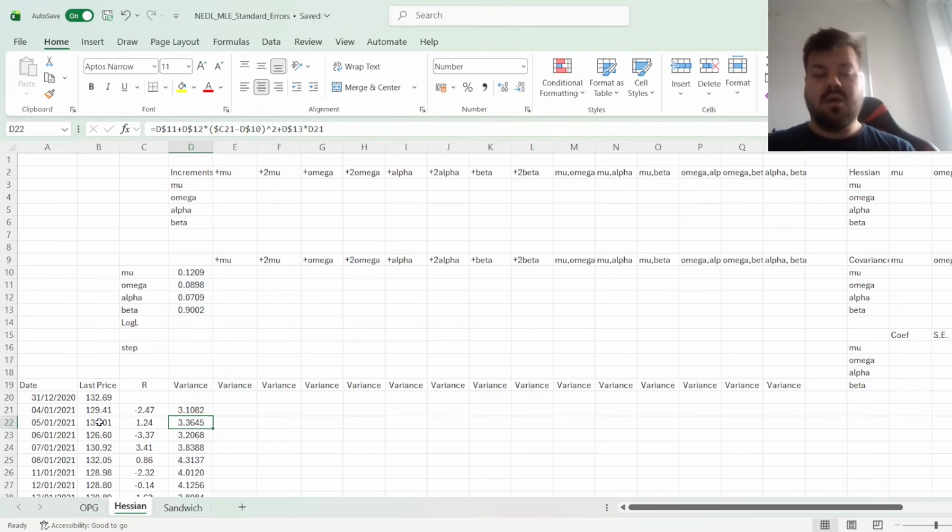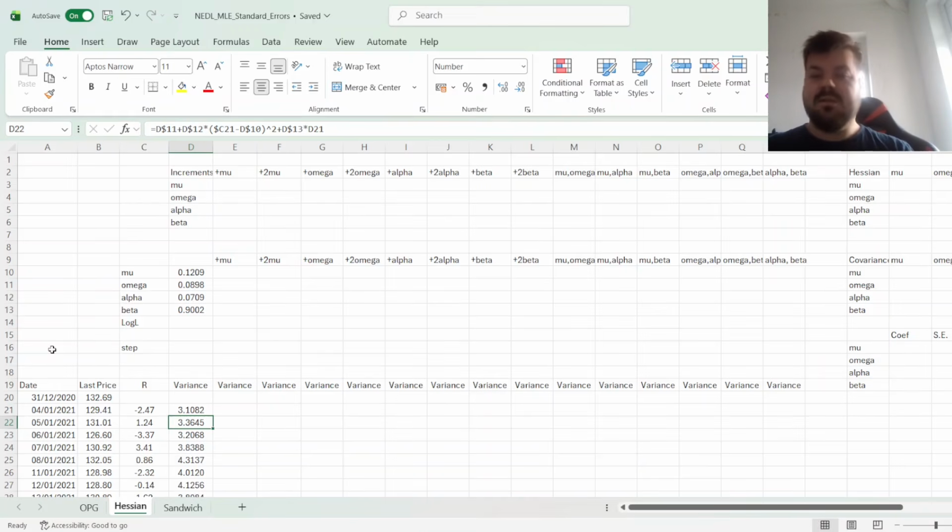And obviously, for the Hessian matrix to work, we need to calculate not only the first derivatives, but also the second derivatives of the log likelihood function. And for that, we'll need to estimate the log likelihood of a model subject to a lot of different tweaks to the parameters.